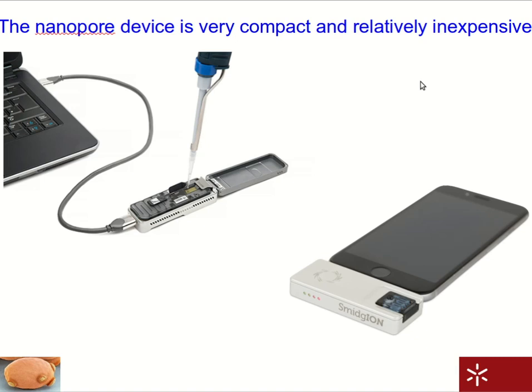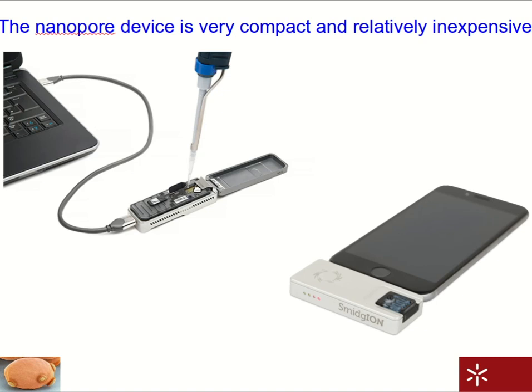Another attractive aspect of the Nanopore system is that it's very compact. You can buy a small machine, a small device that you can attach to your cell phone or your computer by a USB port. You simply add your DNA here.